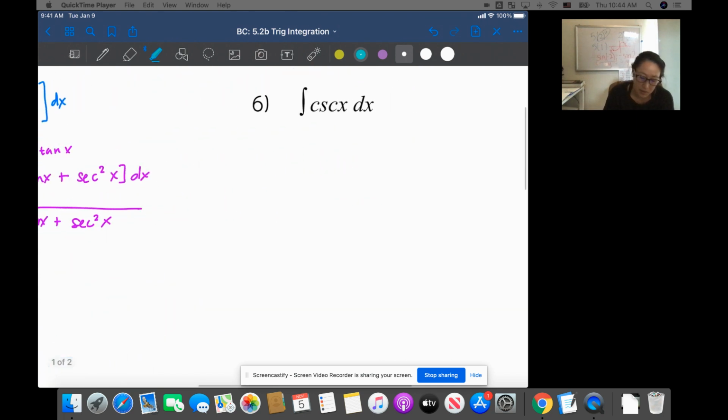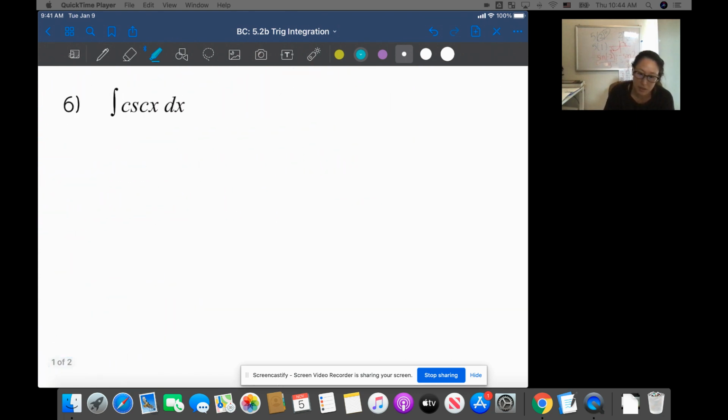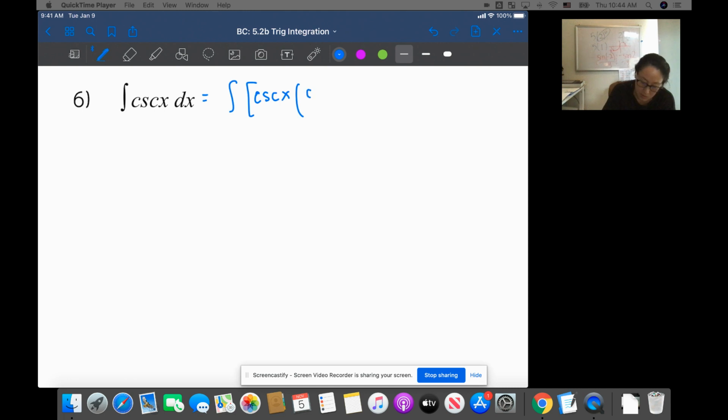All right, last one that we need to explore is cosecant. And again, it's very similar to how we would integrate secant. So I'm going to write this as cosecant x times a form of 1. This time I'm going to use cosecant x plus cotangent of x over cosecant of x plus cotangent of x dx.